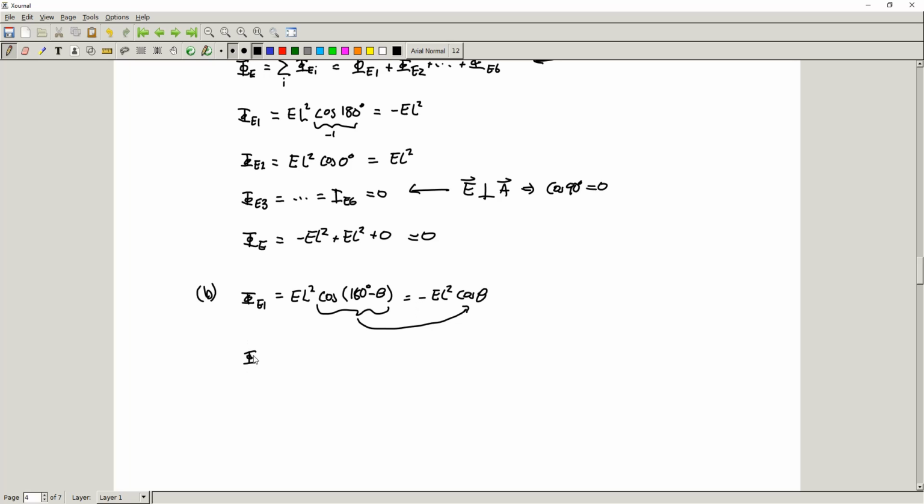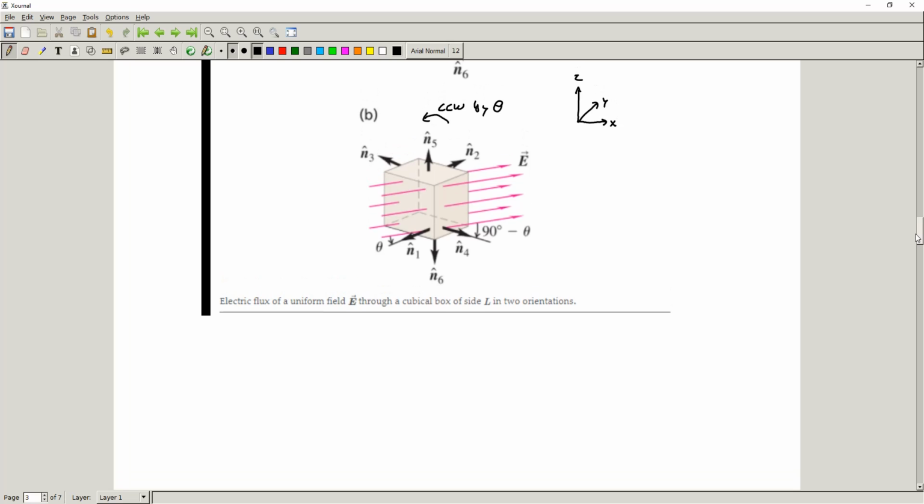What's happening for the second surface, our flux E2? That's just going to be EL squared cos theta. So take a look at the diagram here. We talked about the first one, right? So we have the 180 degrees minus this tiny little theta rotation, right?